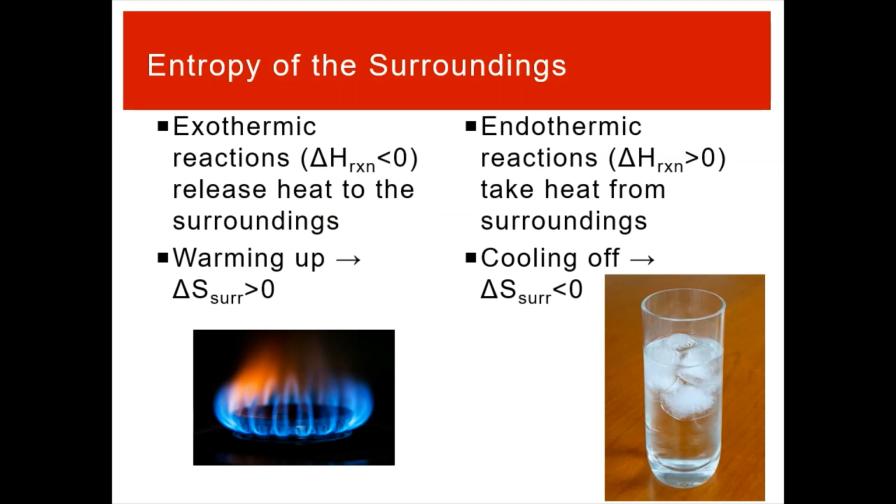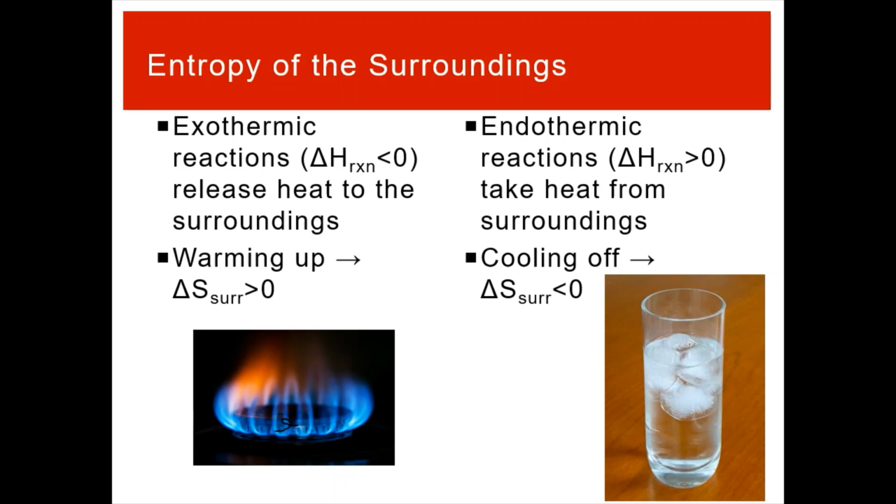So exothermic reactions release heat. That would be when delta H of the reaction is negative. If an exothermic reaction releases heat, that causes a warming up of the surroundings. And so the entropy of the surroundings will increase, right? The molecules in this propane burn are increasing the disorder because there are more gas molecules, as we've seen.